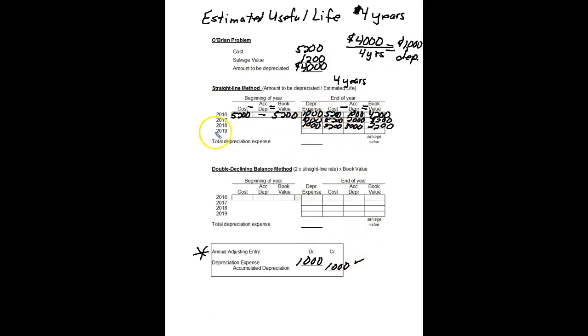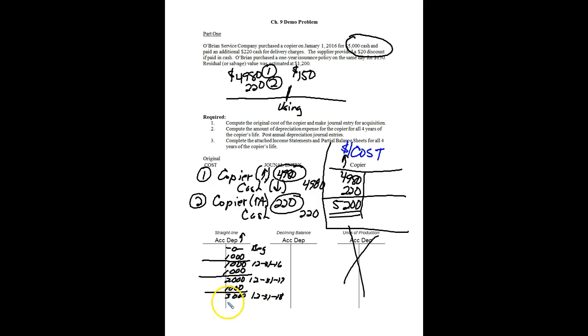And then the fourth year rolls around, it's 2019. At the end of the year, again, we make this same journal entry all over again. Let's go post the credit to accumulated depreciation. And now it has grown to $4,000 at the end of December 31st, 2019.